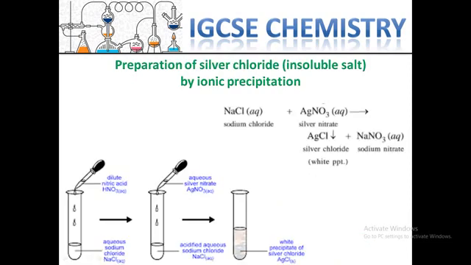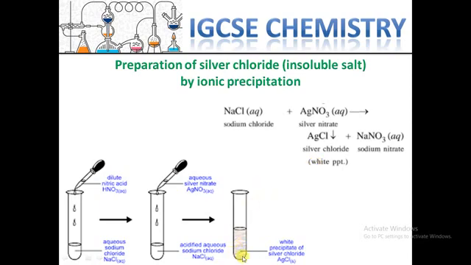Another example is the preparation of silver chloride. Silver chloride is an insoluble salt, of course a solid, and white in color. It's the same ionic precipitation, but I'm giving you another example: we add sodium chloride to silver nitrate, and we get silver chloride, which is a precipitate. The downward arrow is the sign for precipitation.